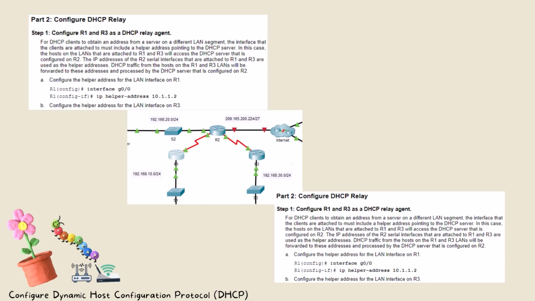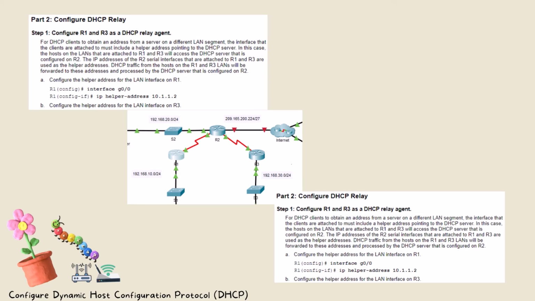For this task, for DHCP clients to obtain addresses from a server on a different LAN segment, the interface that the clients are attached to must include a helper address pointing to the DHCP server. In this case, the hosts on a LAN that are attached to R1 and R3 will access the DHCP server that is configured on R2.